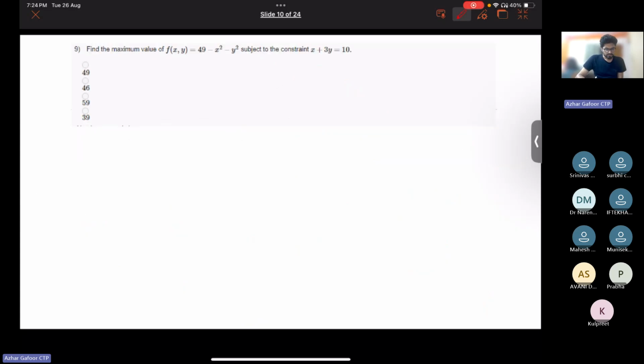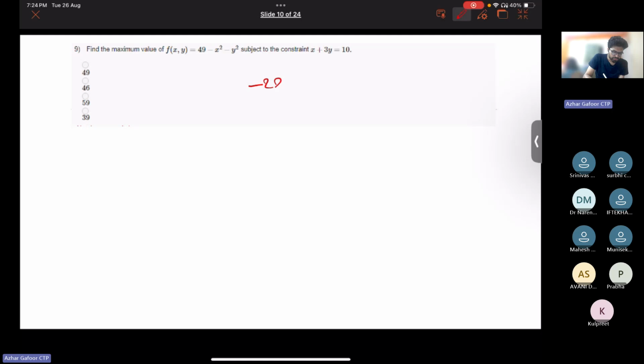Now another similar problem, constraint optimization with equality constraint. So here we get three equations.